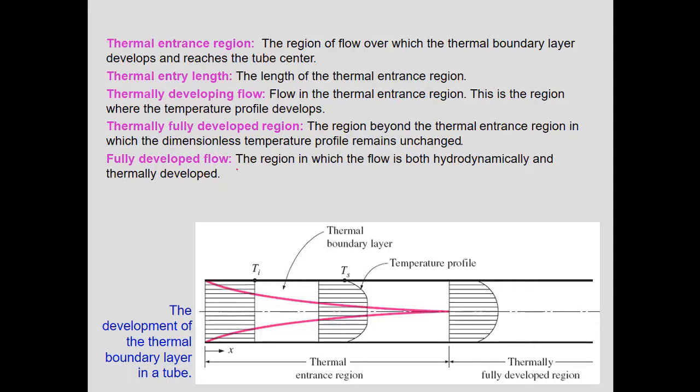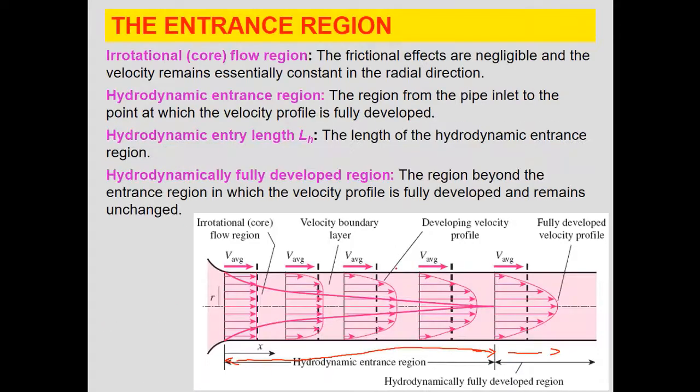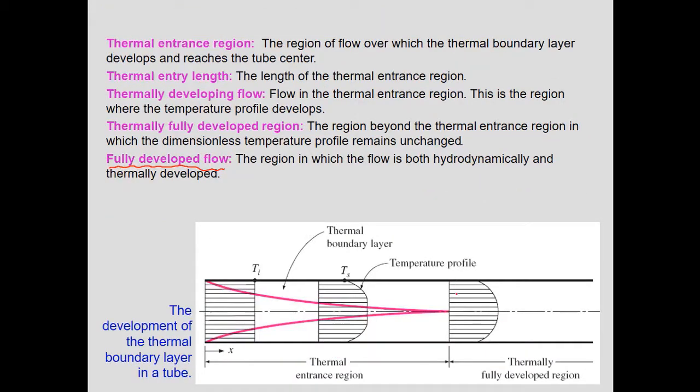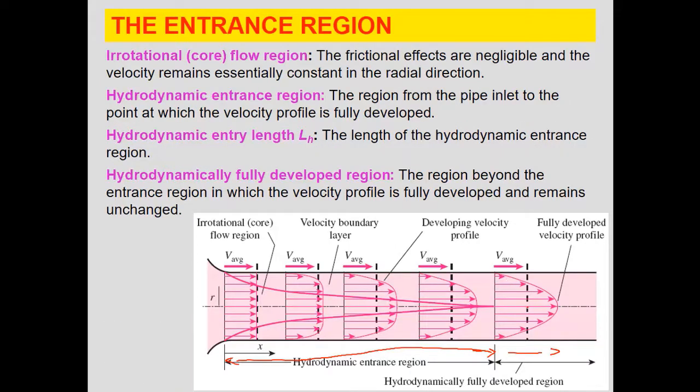And fully developed flow is the region in which the flow is both hydrodynamically and thermally developed. This one is important, and we are interested in that. Fully developed flow, you can see here we have a fully developed velocity. This is fully developed temperature. We call it fully developed flow when it is fully developed thermally and also has a fully developed velocity.